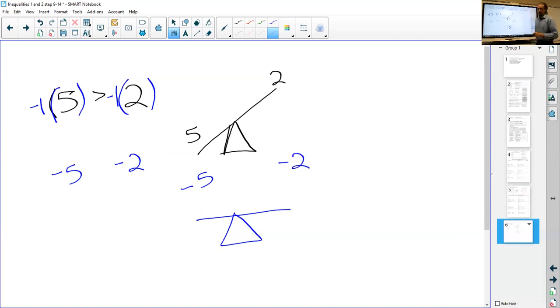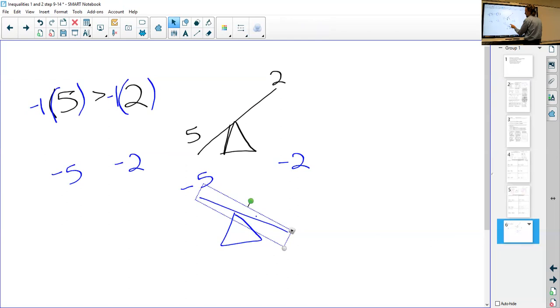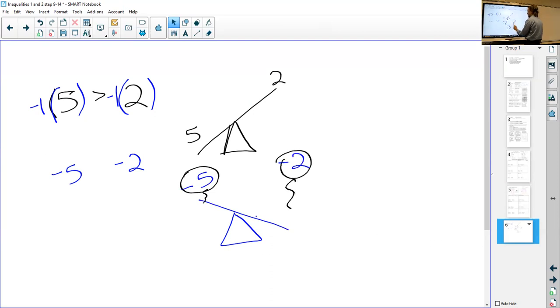And if you know anything about helium, you would say that the one with more is actually going to lift it up more. So the more negative it is, let's put a little balloon here. Balloons.